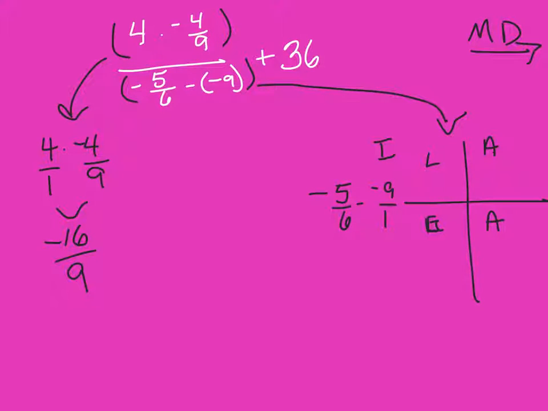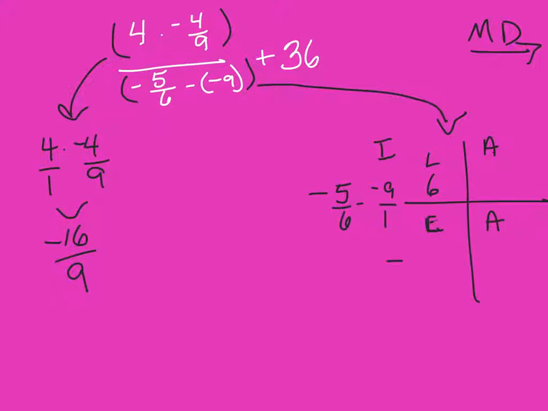So the least common multiple of 6 and 1 is 6. I change both of those, so I've got negative 5, 6.